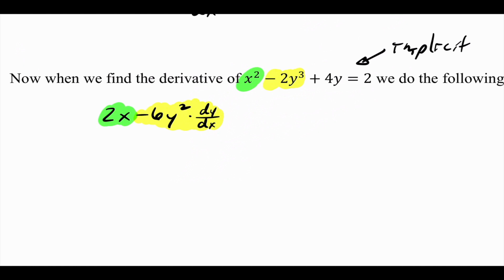Okay, next one. Let's see, derivative of positive 4y. What do you think the derivative of positive 4y would be? Positive 4, you're right, positive 4. But since it was a y, we have to include a tag, dy over dx.